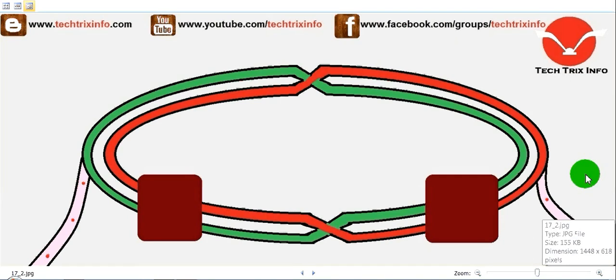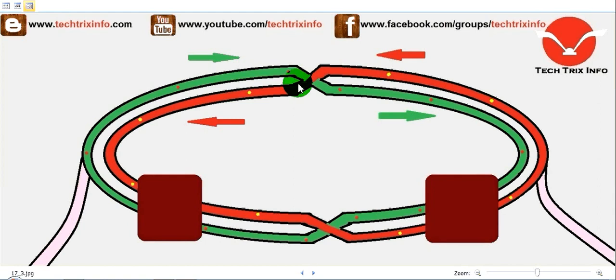It's spread over 27 kilometers of circumference, and it has two vacuum pipes which cross over. This is one vacuum pipe and this is another vacuum pipe, and they cross over in the middle. That's how it's been constructed. As the protons enter this hadron collider, you can see the red colored ones are also protons, and the yellow colored ones are also protons.